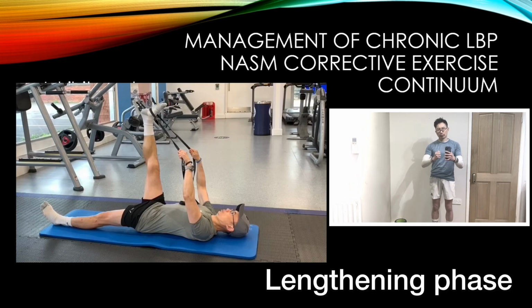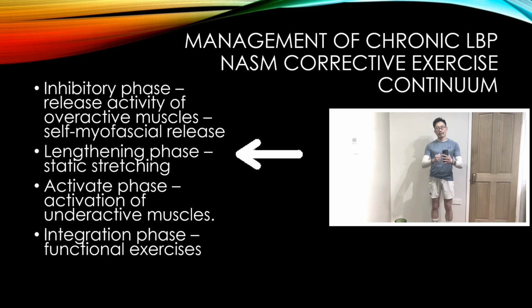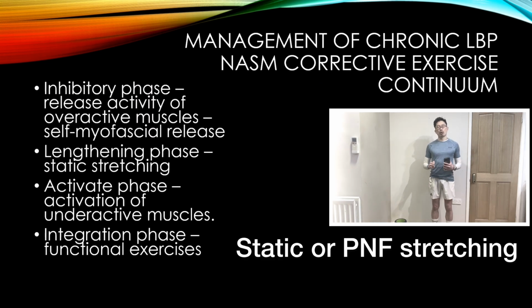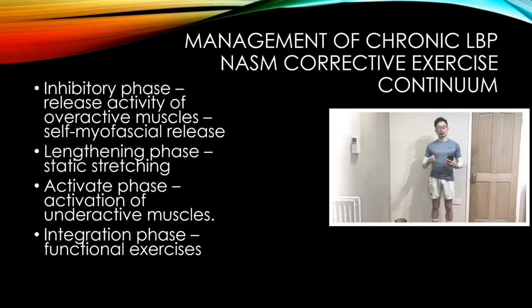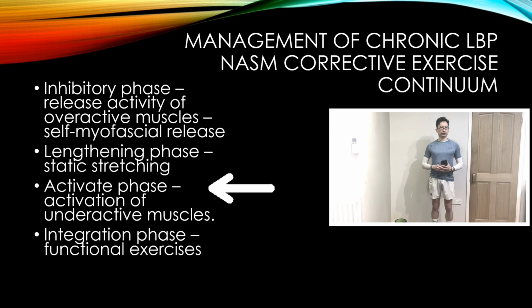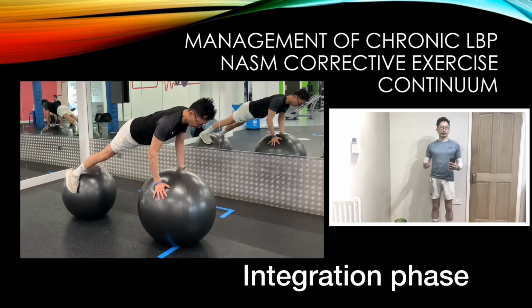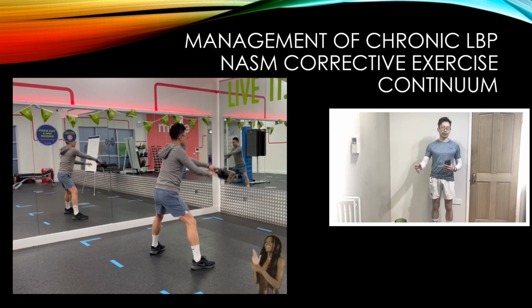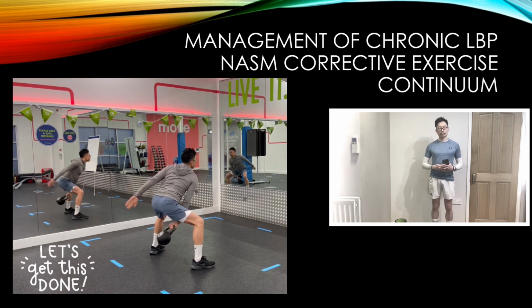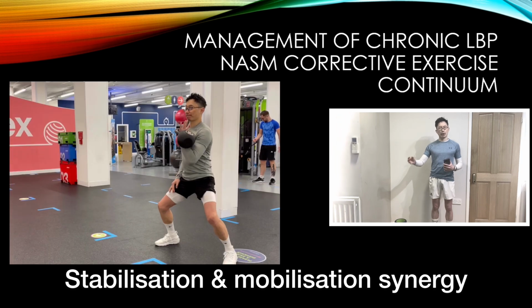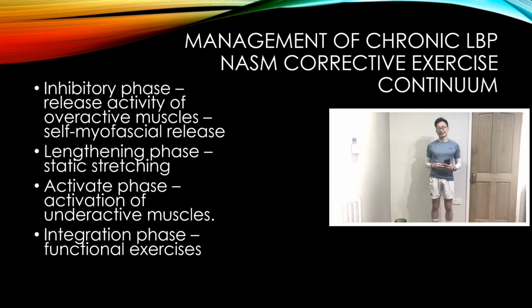Once these overactive muscles have been inhibited, they need to be stretched or lengthened using either static or PNF stretching. Activation phase, activation of underactive tissues. Integration phase, functional exercises involving the use of dynamic total body exercises to enhance functional capacity. Exercises that focus on the synergistic function of the stabilization and mobilization muscles of the body.